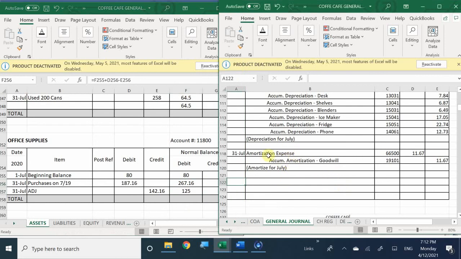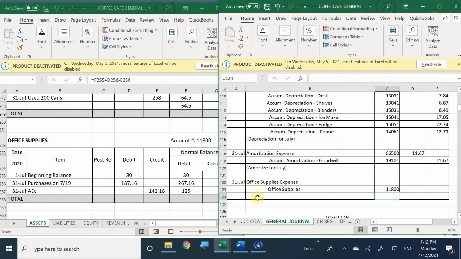All right, so once again, I'm going to go ahead and journalize this. So 731. We're going to recognize office supplies expense. And we're going to take it directly out from our office supplies, which we know this account to be 11,800.